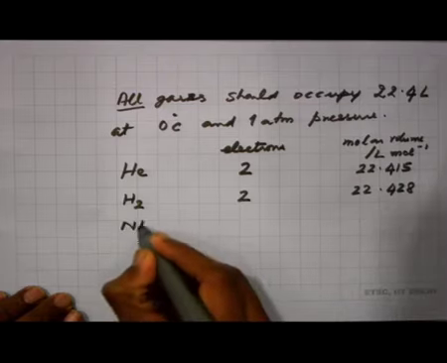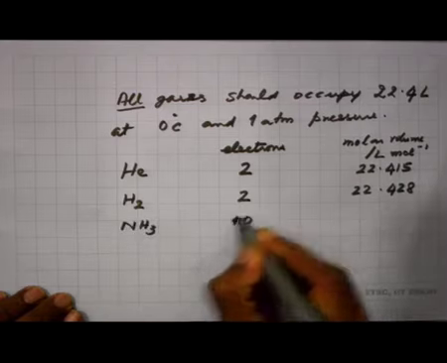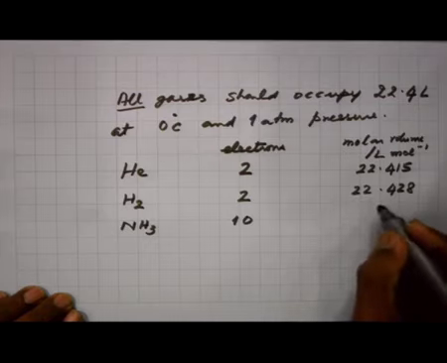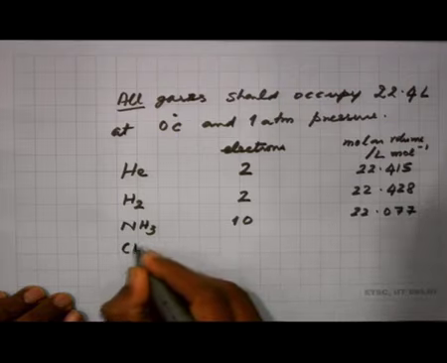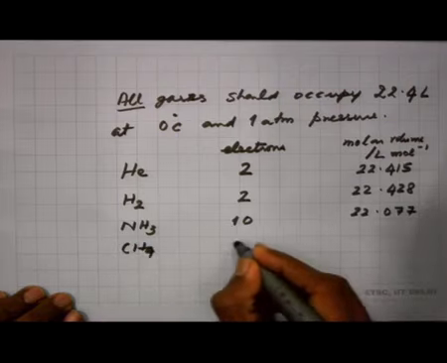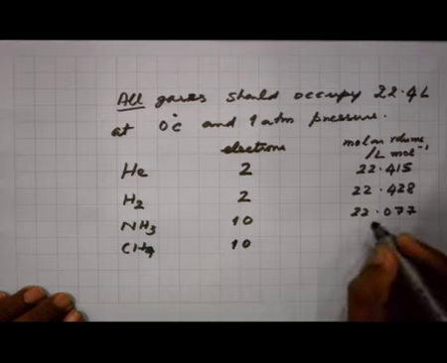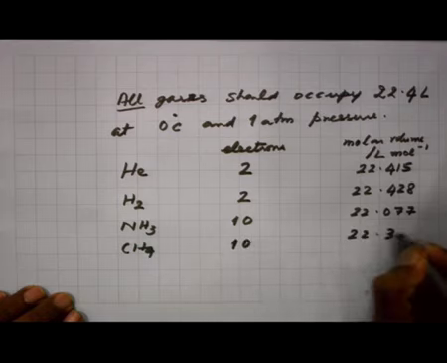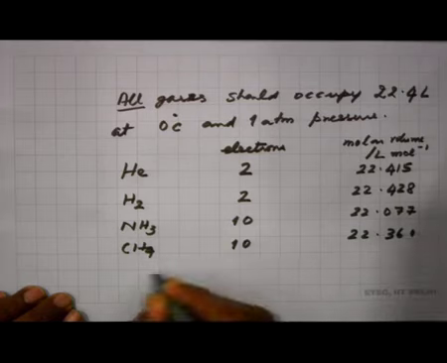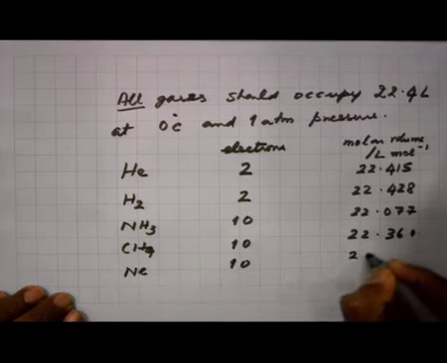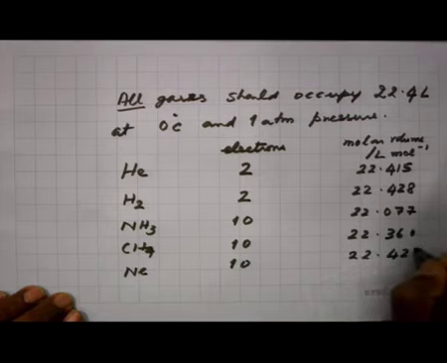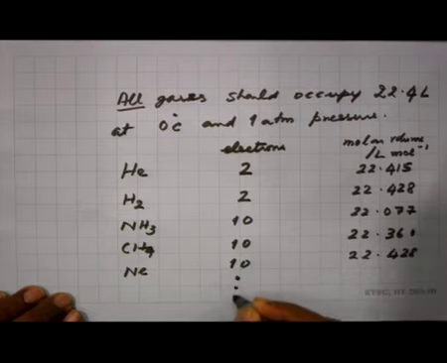If I look at ammonia, which has 10 electrons, 7 from the nitrogen, 3 from the hydrogens, 22.00077. CH4, which has 10 electrons too, has 22.36. Neon, 22.428, and the list goes on.